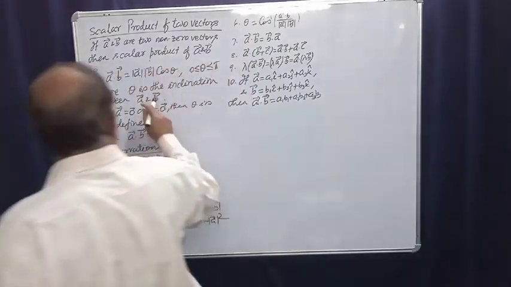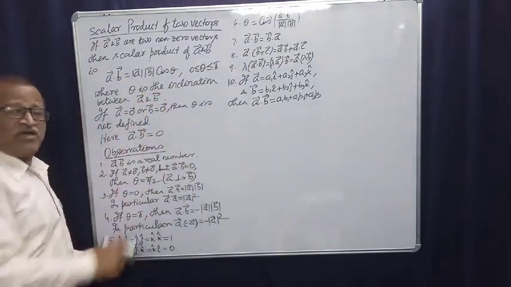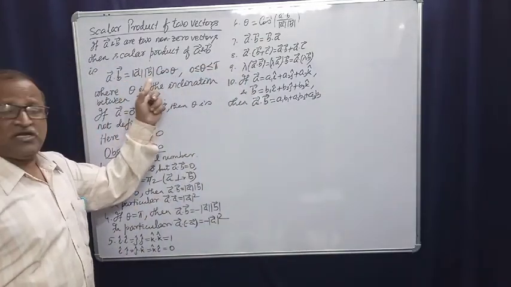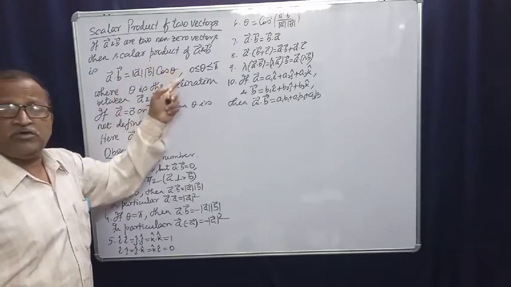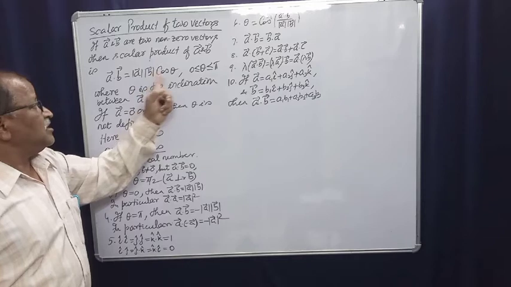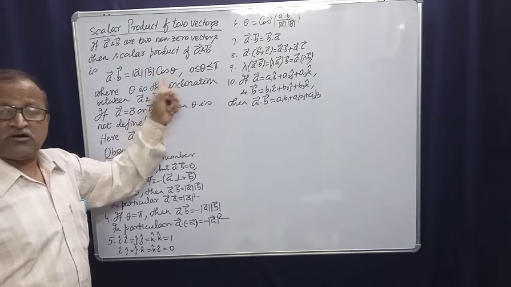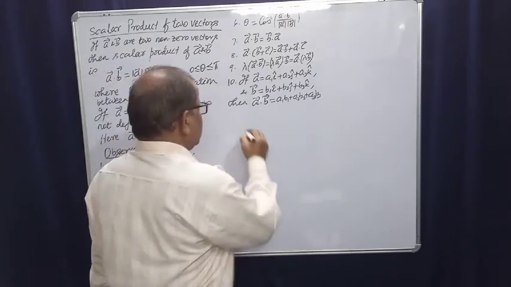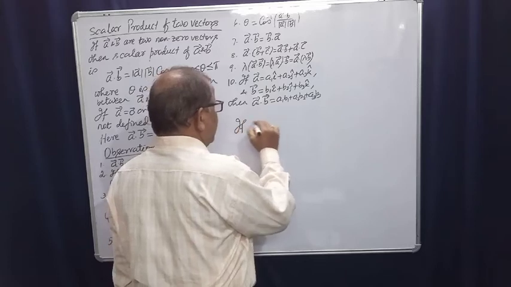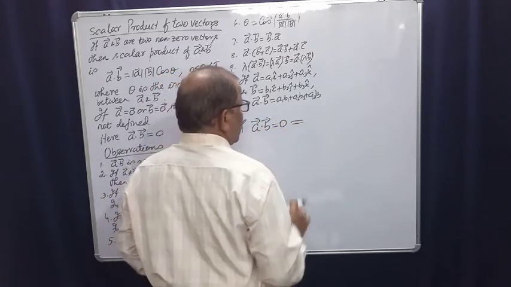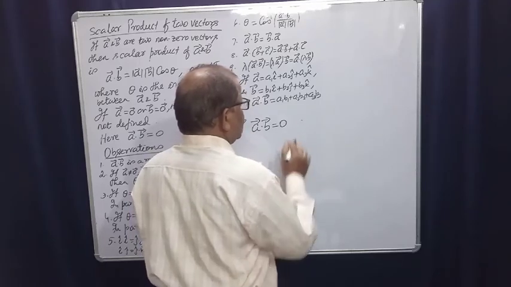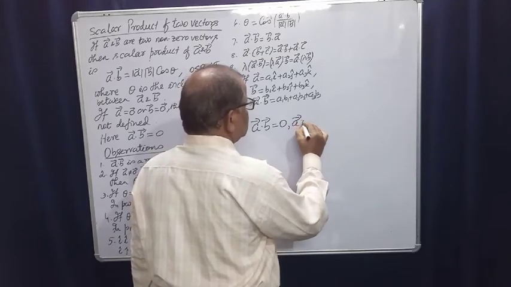If A is not equal to 0, then magnitude of A is not 0. Magnitude of B is also not 0. Then how will it be 0? The only possibility is cos theta is equal to 0. A dot B is equal to 0.